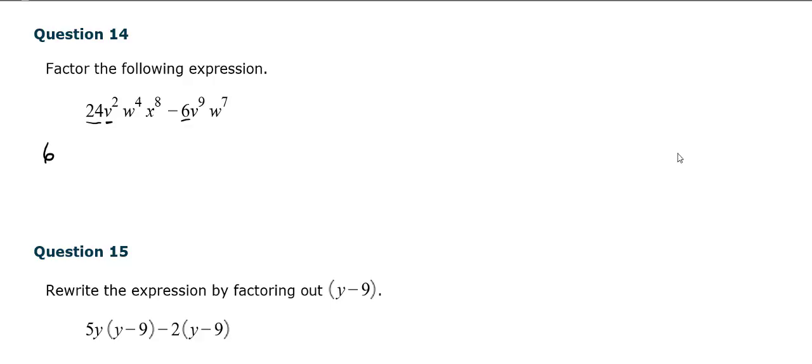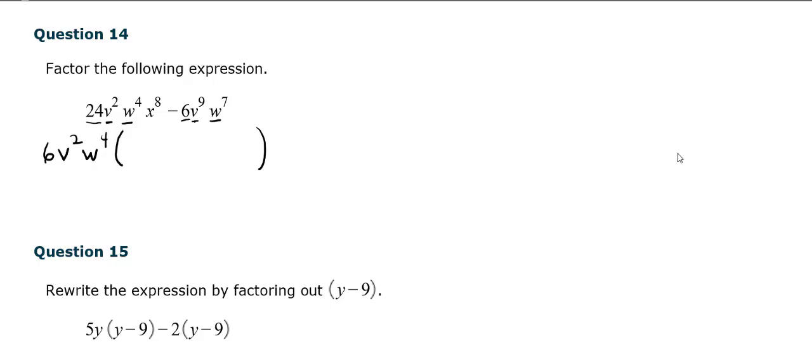So I have v's in both, and the one with the smallest exponent is 2. So I'm taking out v squared. Both terms have factors of w, and the one with the smallest exponent is 4. And only the first term has factors of x, so I can't take out any x's.